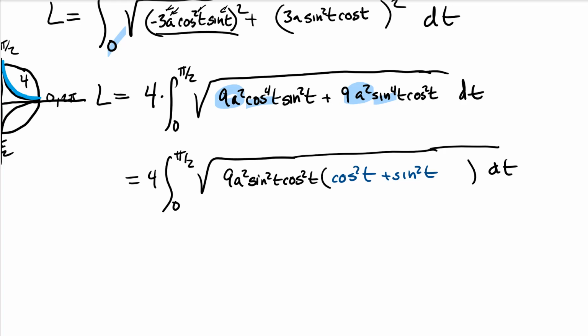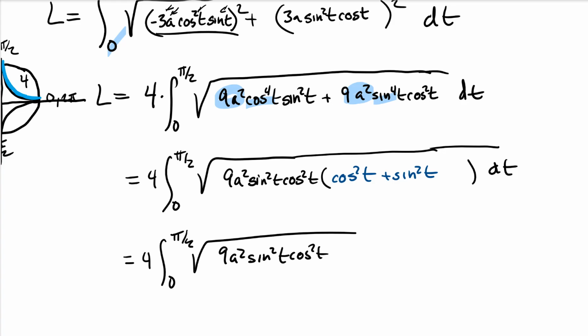That's just 1. So that goes away. Let's say 4, 0 to pi over 2, square root of 9a squared sine squared cosine squared dt. But they're all being multiplied together. Look at that 9. You mean 3 squared? Why did I even change it?